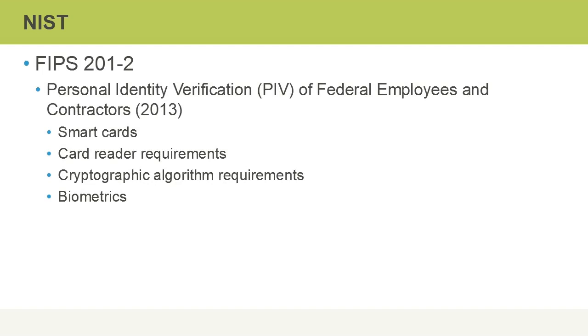FIPS stands for Federal Information Processing Standard, and it's a guideline used by U.S. government agencies. FIPS 201-2 deals with personal identity verification of federal employees and contractors. Now, this can be done in a variety of ways by using smart card authentication, where the possession of the physical card is required in addition to knowledge of the PIN for the smart card.